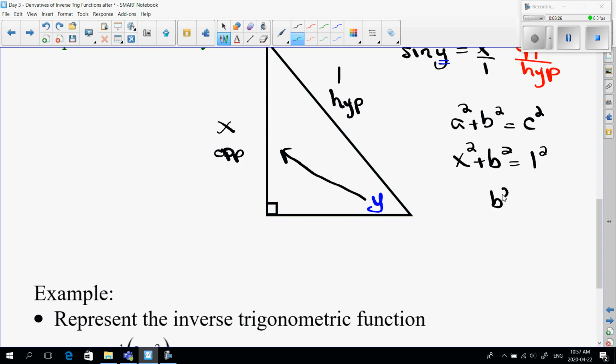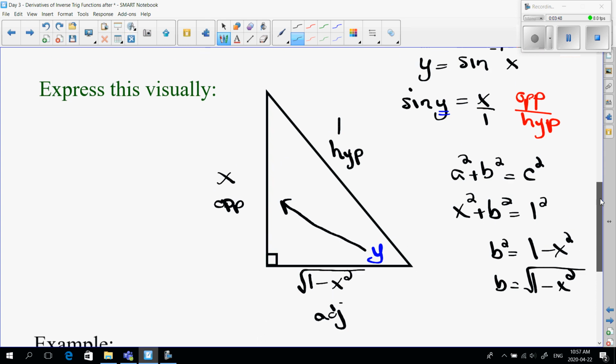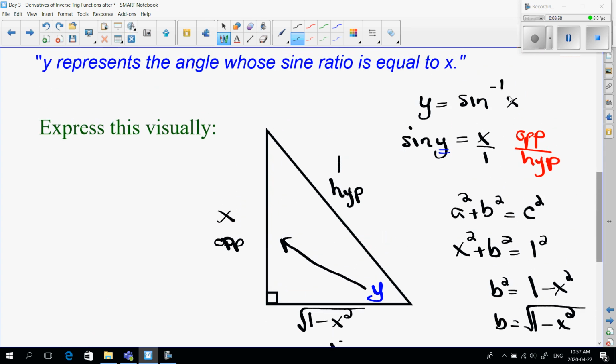Or b squared is going to equal 1 minus x squared. B would equal the square root of 1 minus x squared. So that would be the length of this side, and that would be the adjacent side because it is next to y. So we were able to take this inverse trig function and express it visually with this diagram here.